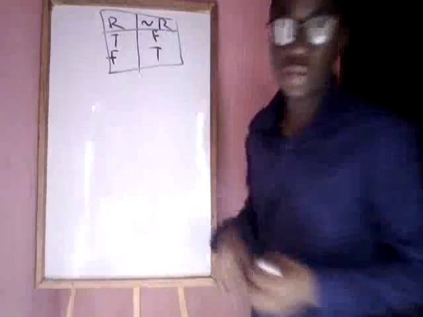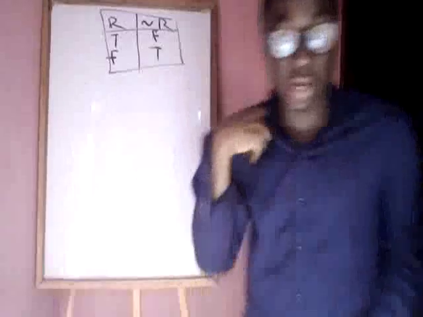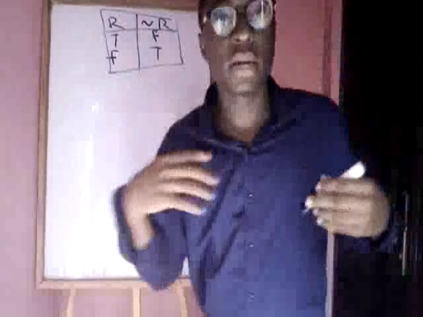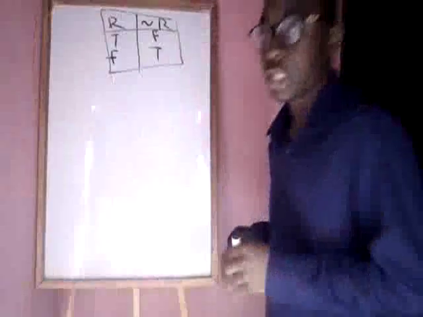So that is basically one concept I need you to understand. The negation is always the opposite of something. So you can write it down, that is the negation table. Then we also have the conjunction. Conjunction is also known as the AND table.